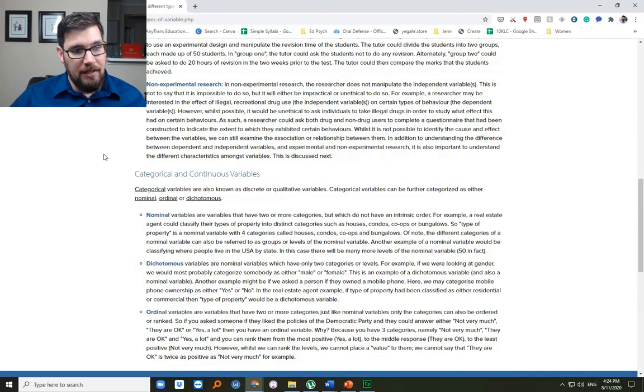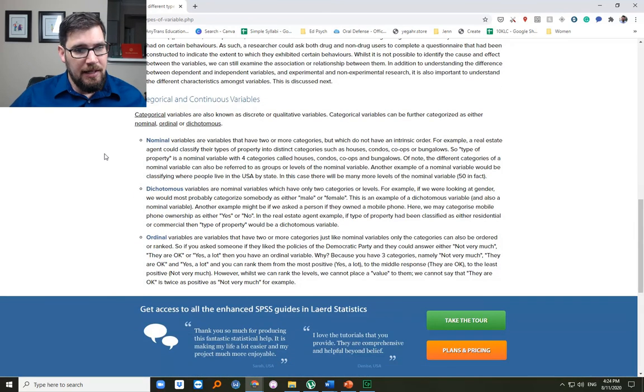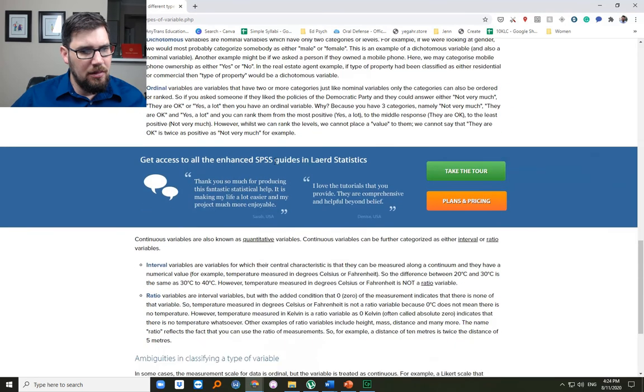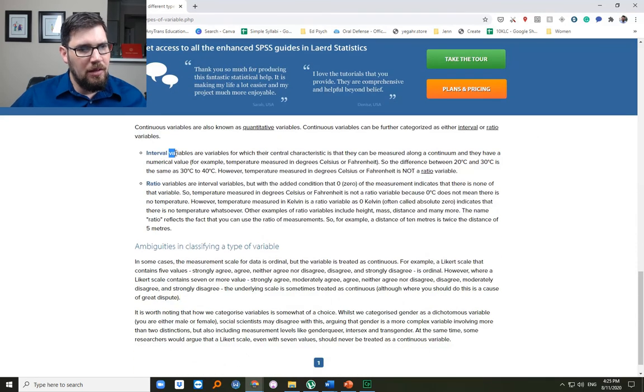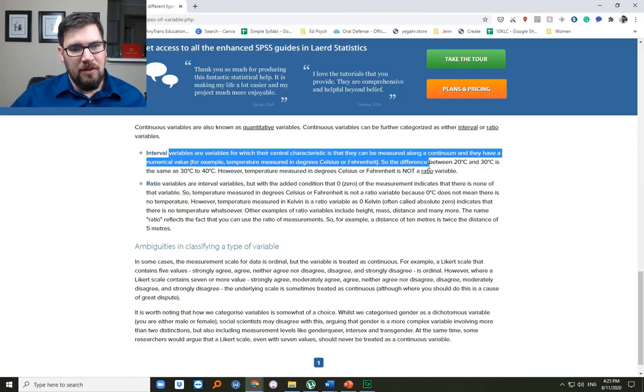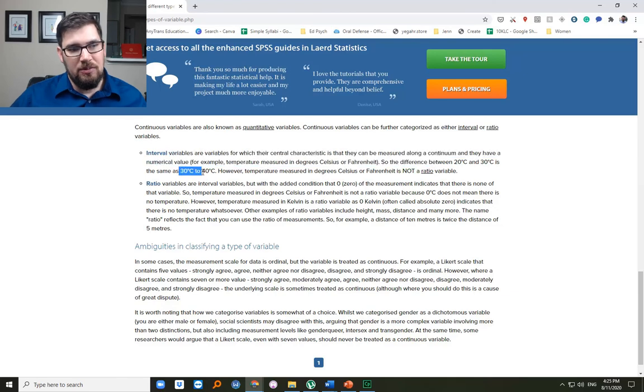But also, if you need a little bit of extra help, your course instructor can often help you. Here Laird is explaining what a nominal variable is. Let's see if they have, yeah, interval. Variables for which their central characteristic is that they can be measured along a continuum and they have a numerical value. So the difference between 20 and 30 degrees Celsius is the same as the 10 degrees between 30 and 40.